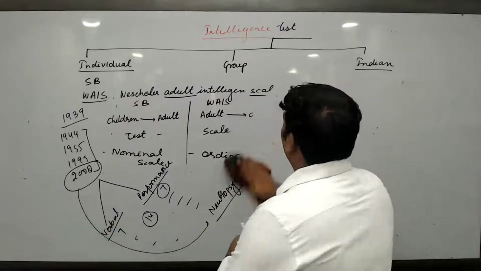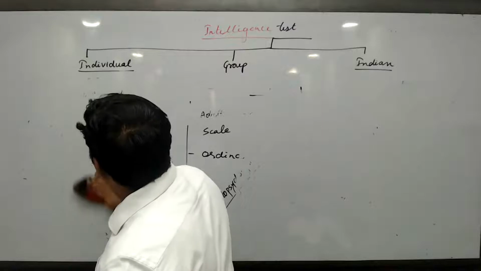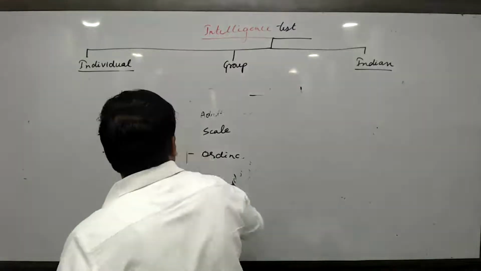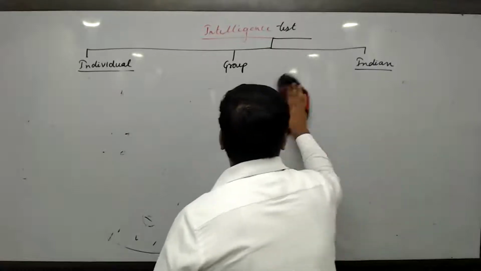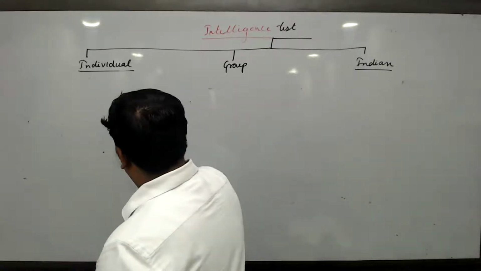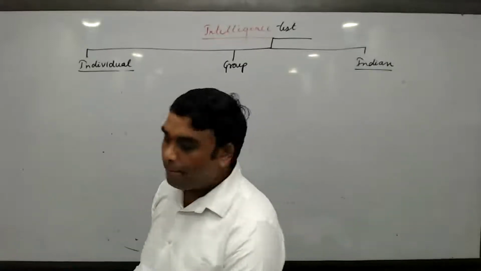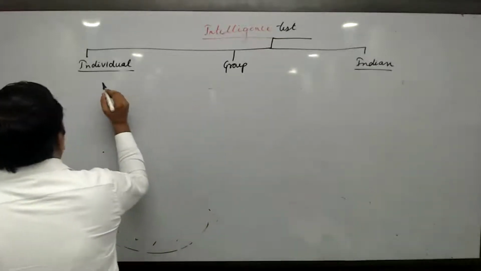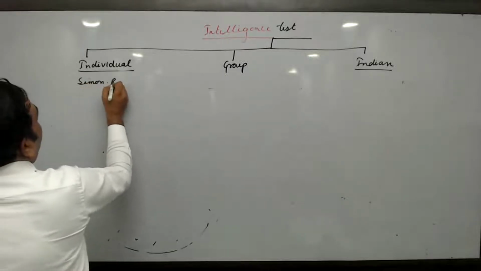Right now, we can tabulate the names of all other intelligence tests. They are not even important for UPSC indirectly, but here first is the SB test, means Simon Binet test.